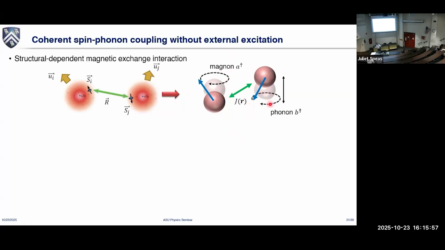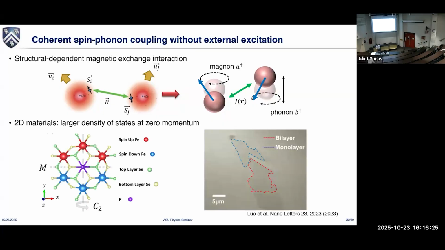So for example, if we have a single phonon, then it will be directly converted to a single spin wave. You cannot convert a phonon into a single spin, but you can translate fully the angular momentum of the phonon to the angular momentum of magnons. This is one-to-one, right? So that is, in many cases, more efficient.